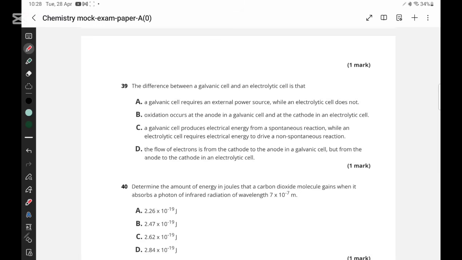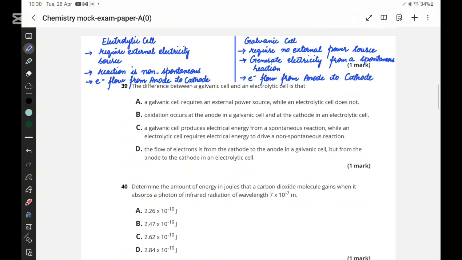So the next question, the difference between a galvanic cell and an electrolytic cell. First let me write the characteristics of galvanic and electrolytic cells. The electrolytic cell requires an external source, while the reaction is non-spontaneous, that means it doesn't take place on its own, it requires an external electricity source.